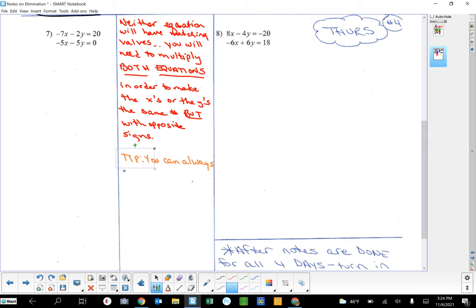But you can always multiply the coefficient on the first equation by equation 2, multiply.